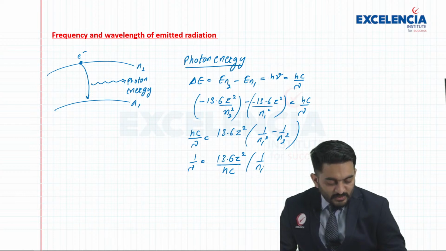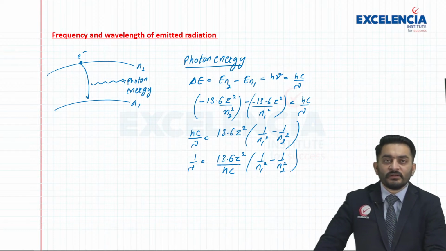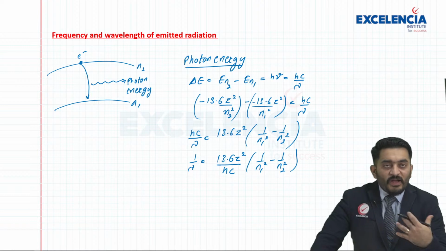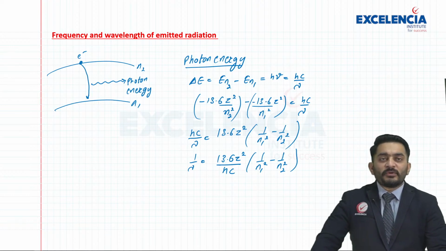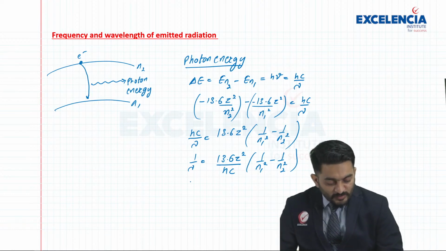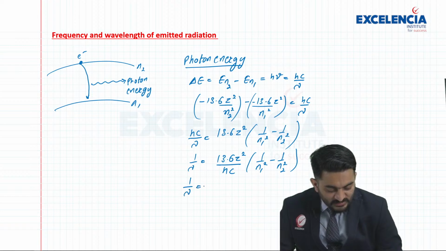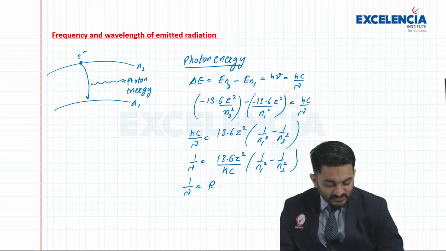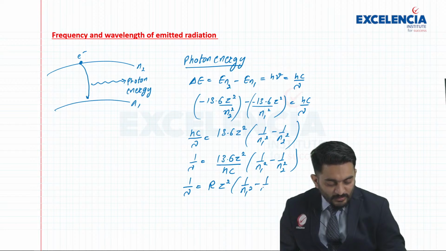And I hope you people remember one particular thing: with this hc, if the atomic number Z is given to you, you would be able to calculate any wavelength, because you have to remember that this 13.6 over hc is nothing but your R value, which is known as the Rydberg constant, and similarly this formula is known as the Rydberg formula.